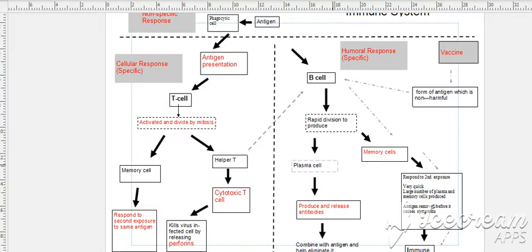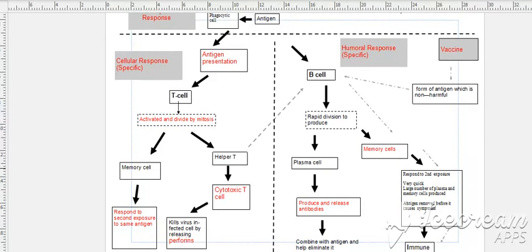The role of a plasma cell is to produce and release antibodies. These antibodies will be complementary to the antigen, so they can form an antibody-antigen complex. Therefore, they can clump them all together, so a phagocyte can then come along and engulf them very easily. They can also form memory cells in case there is a second response.